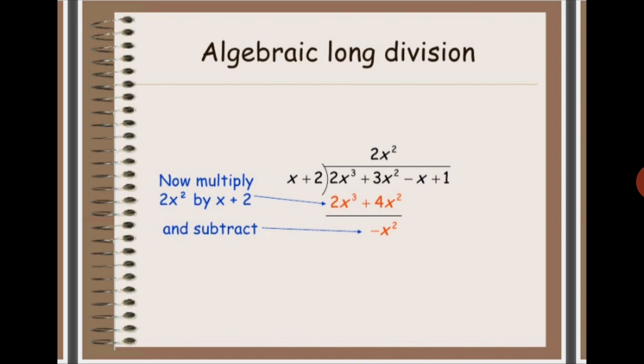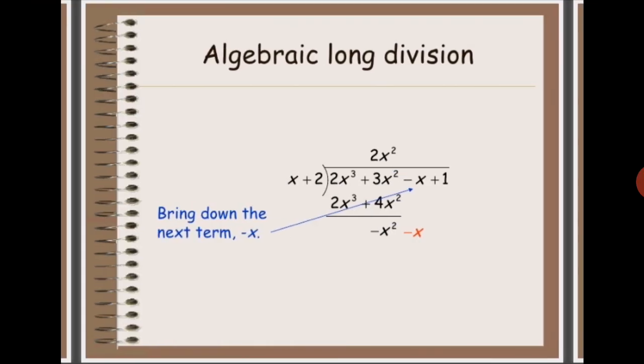The next step is noting down the next term besides our minus x square. So that is minus x noted down. Many a times we write that plus 1 also besides it. Now children, we have got a new polynomial, minus x square minus x.